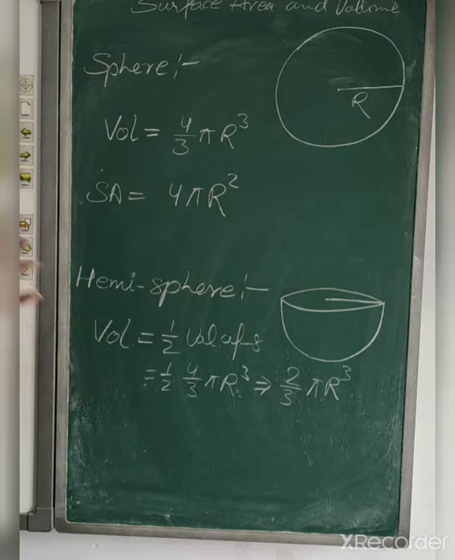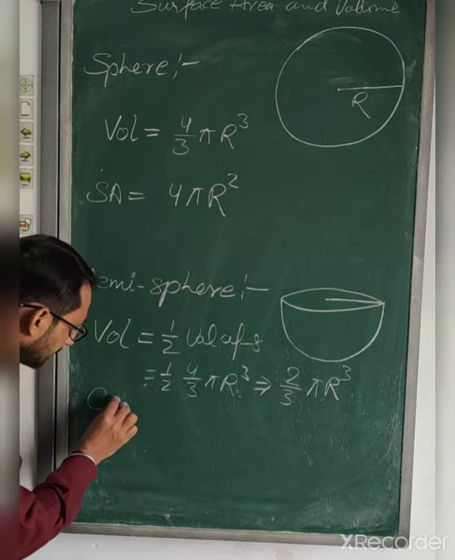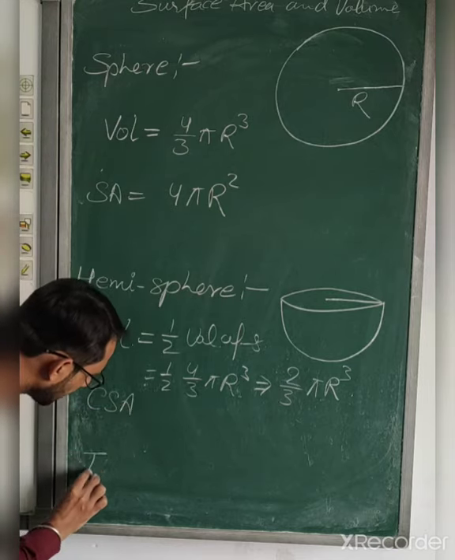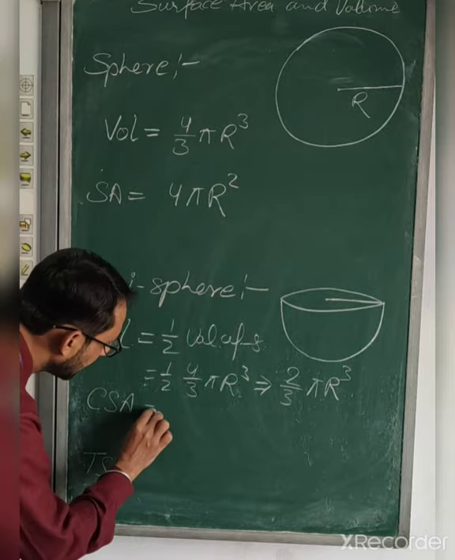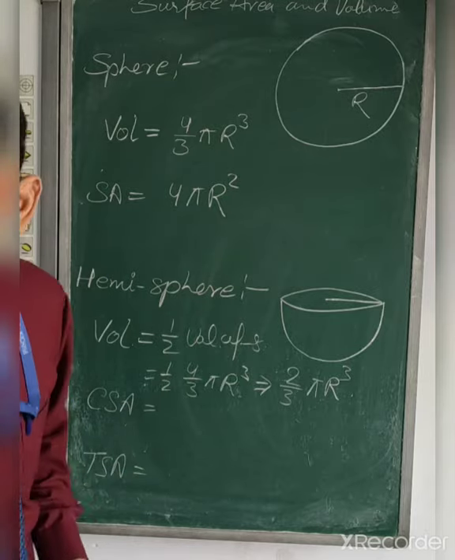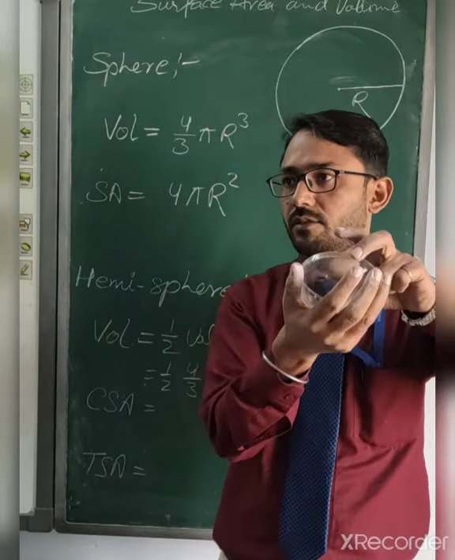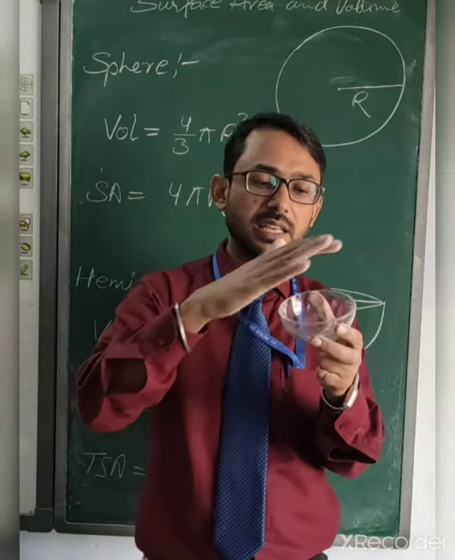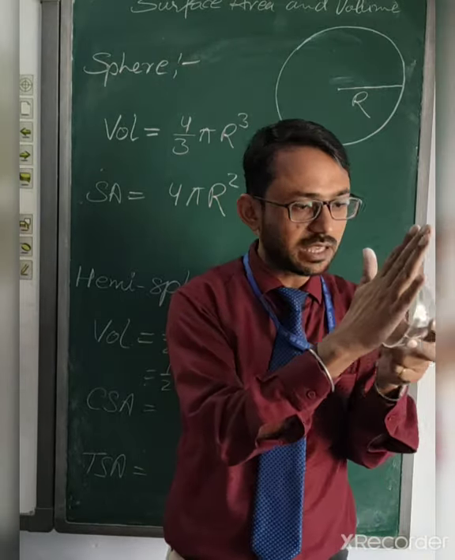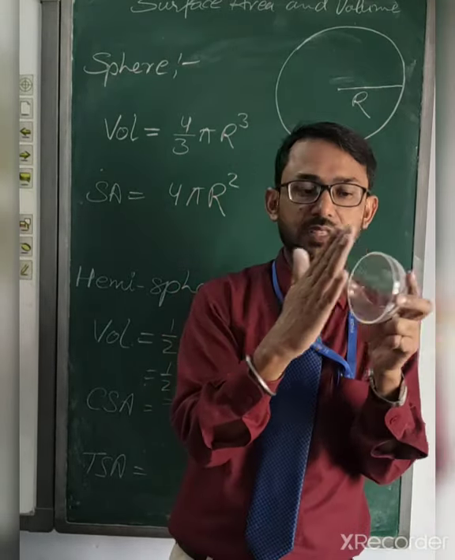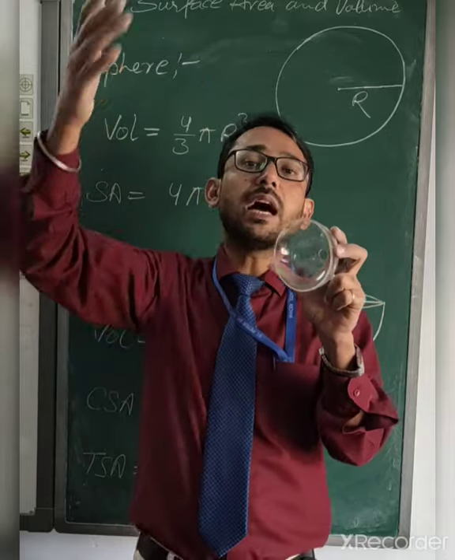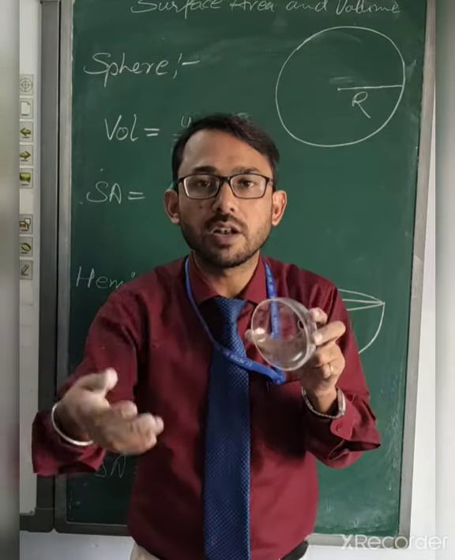Now in this, both curved surface area and total surface area will be coming. Why both? Just see, the curved surface area is on this curved part, and for the total surface area, this flat surface will be added. This is hollow, but we are thinking about the solid hemisphere.